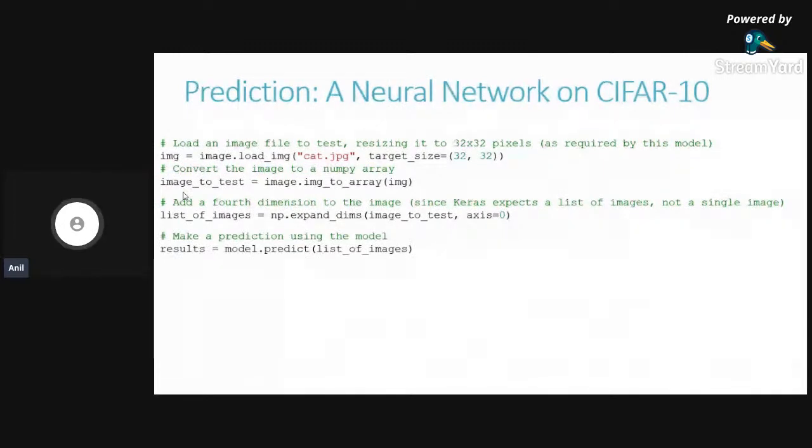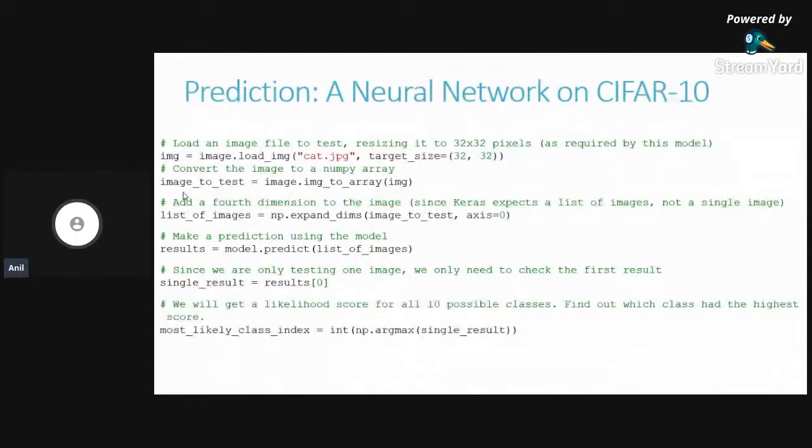Okay, so to do prediction, it's very simple. We will just use model.predict with the list of images, and it will return the output. We will take the first output, and then compute argmax, which means which value in the output result has the maximum value, that is, the maximum probability.